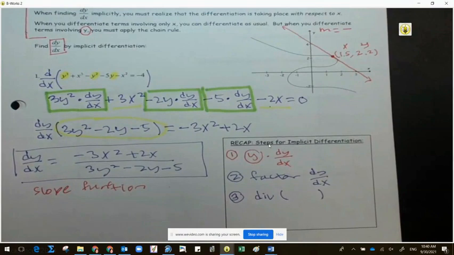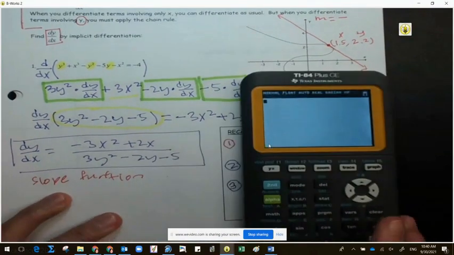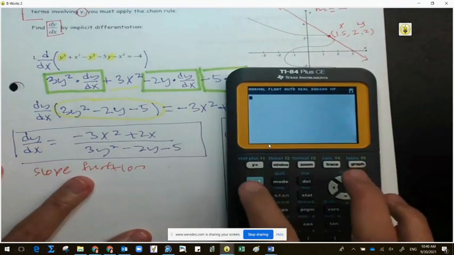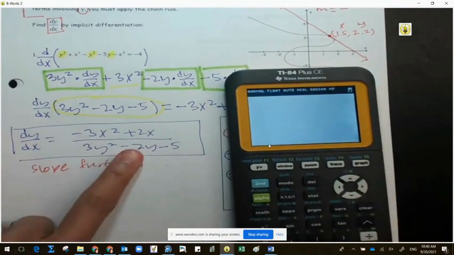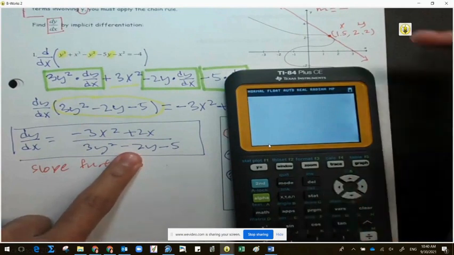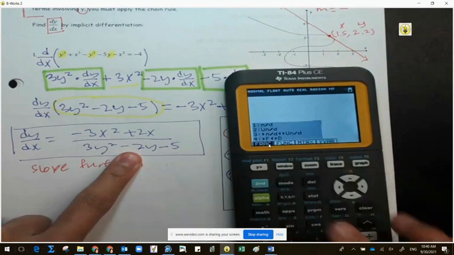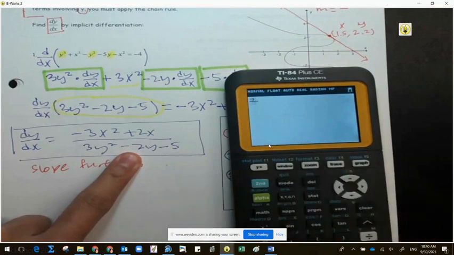Let's see if I have it already typed in. No, I don't. Dang it. Okay, go ahead and look at my screen, and you tell me if I'm doing anything silly, as in typing in the wrong thing. Here's my slope function. I'm going to plug in 1.5 for the x, 2.2 for the y. We have 1.5 all squared plus 2 times 1.5.